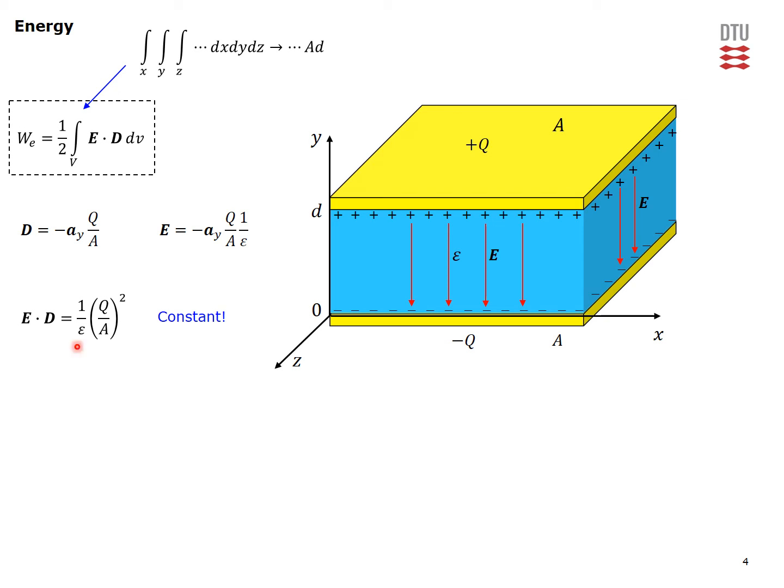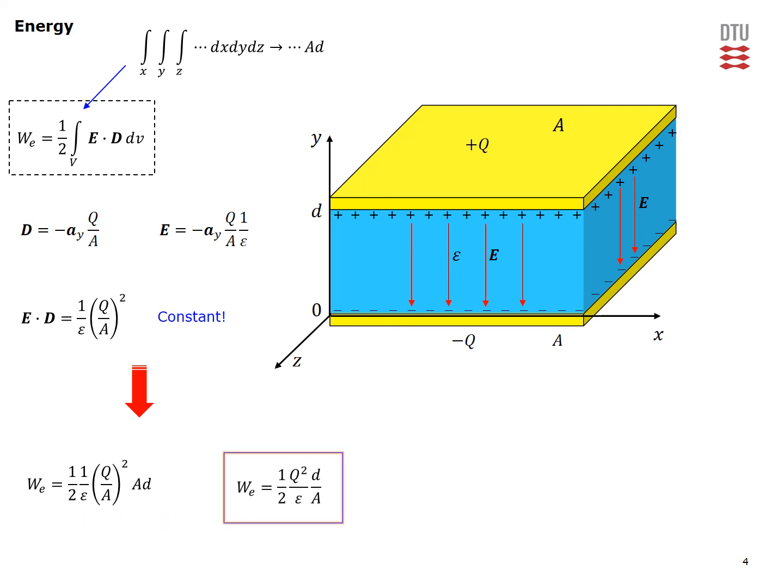And because our integrand is constant, we will essentially multiply this integrand with the volume of our dielectric material, which is the surface area times the separation distance. So this energy is very easily calculated to be given by the expression here, or expressed in another way in this particular manner.